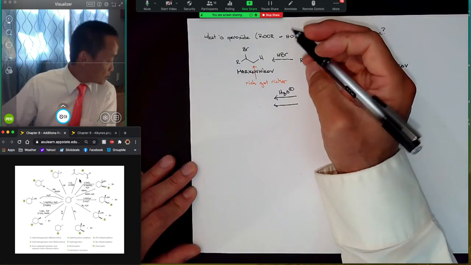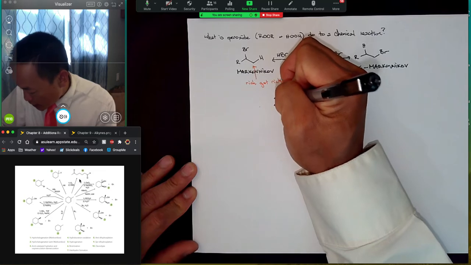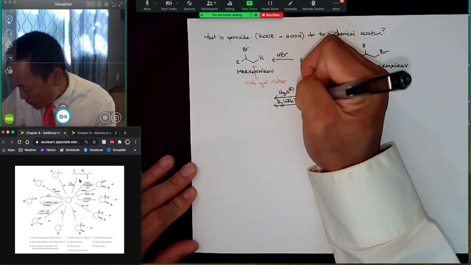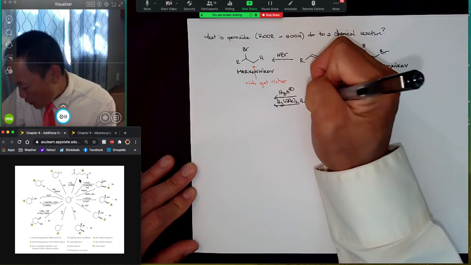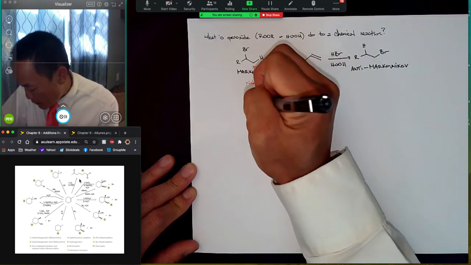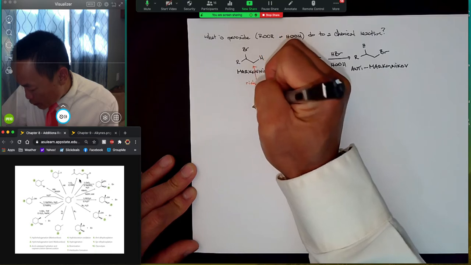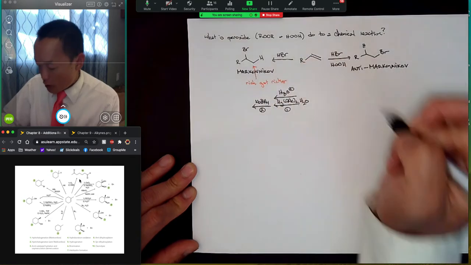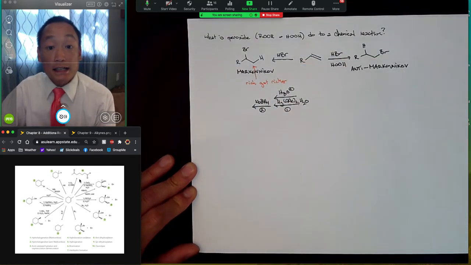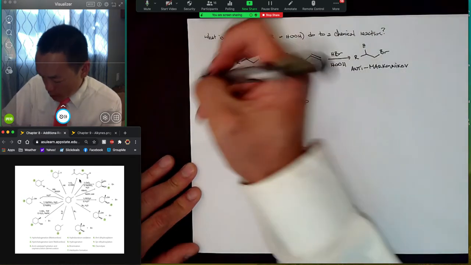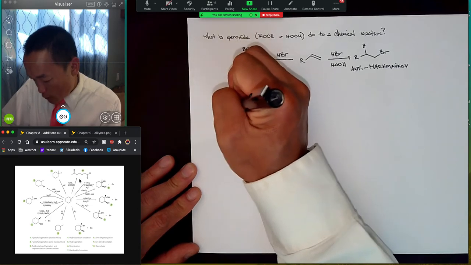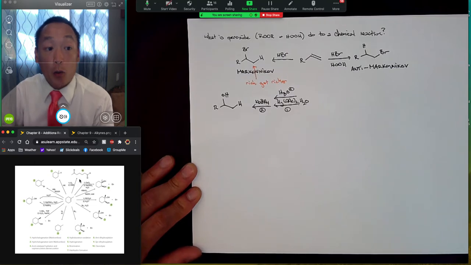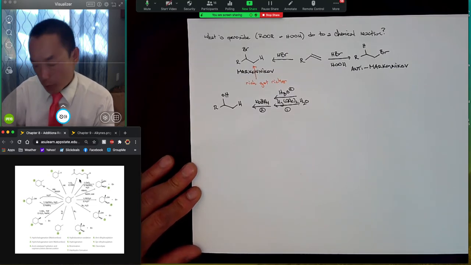Yes, the mercuric acetate, HgOAc2, and water, followed by NaBH4, and we'll just do this as a 1 and this is a 2. We would expect to see Markovnikov addition, hydrogen OH, when we hydrate that double bond, when we add water across that double bond.